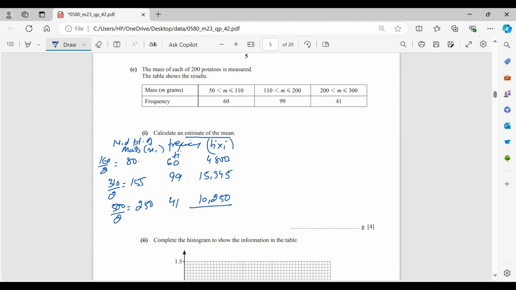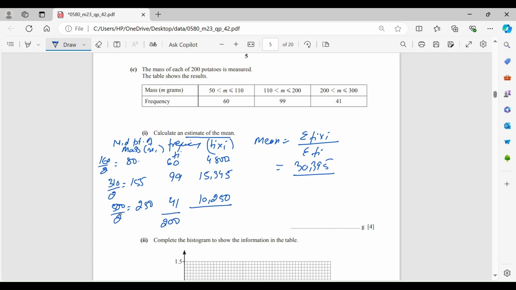Mean will be equal to summation of Fi into Xi over summation of Fi. The total of Fi into Xi is 30,395, over this frequency, which will be 200.